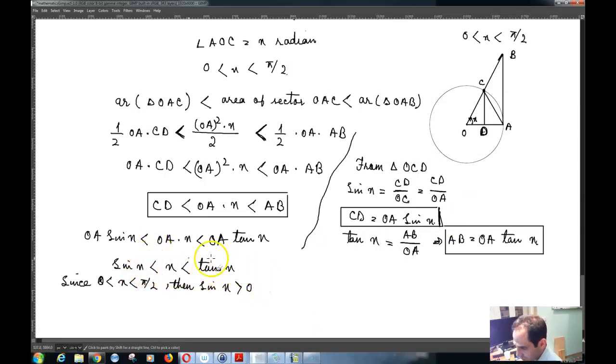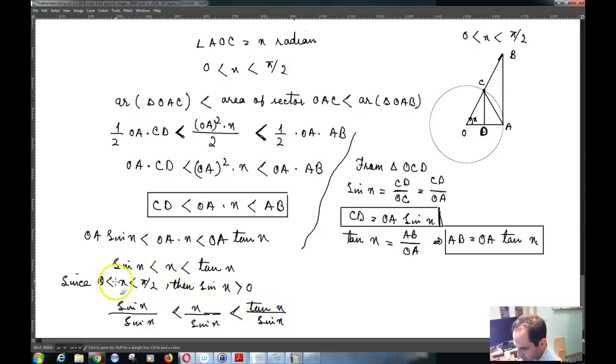So if I divide this inequality by sine x, which is a positive value, I'll get sine x by sine x is less than x divided by sine x is less than tan x divided by sine x.